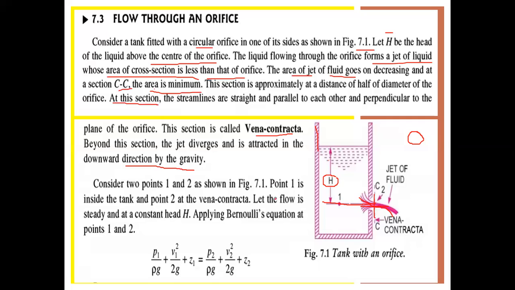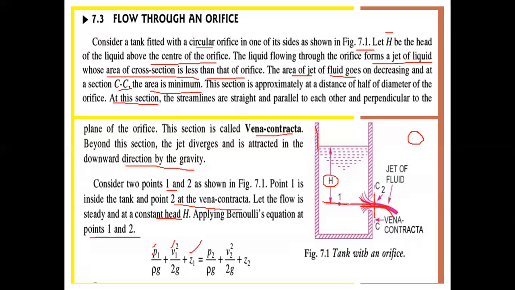Next, if you calculate this considering the 2 points 1 and 2, point 1 is inside the tank and point 2 is at the vena contracta. Let the flow be steady and constant at head H. Applying Bernoulli's equation for the points 1 and 2: pressure energy, kinetic energy and datum energy.